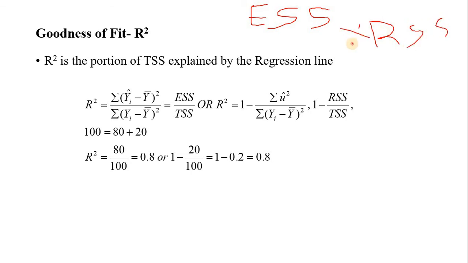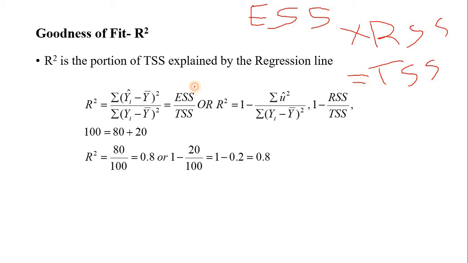If you add these two, you get the total sum of squares. So ESS plus RSS is equal to TSS. Then what portion of the total is explained by your regression line?